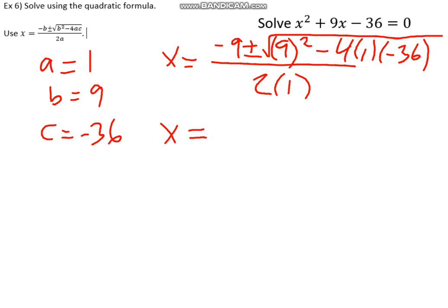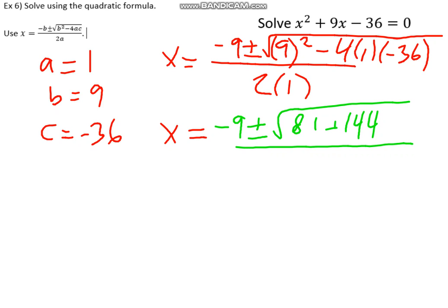Okay, so now we have x equals, I'm going to go ahead and work inside the square root. 9 squared is 81. And negative 4 times 1 times negative 36 turns out to be 144, over 2.